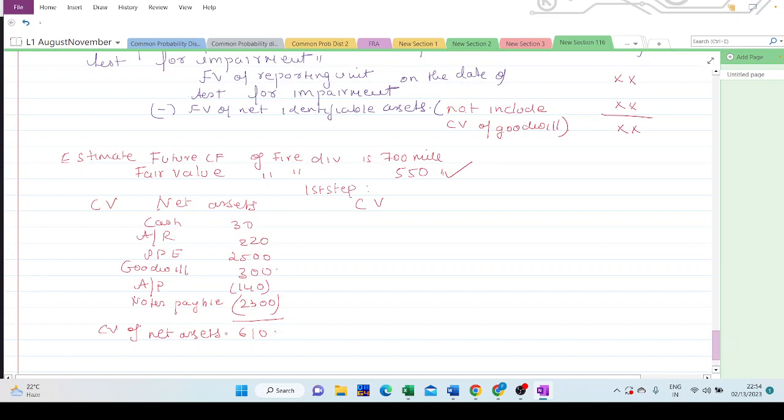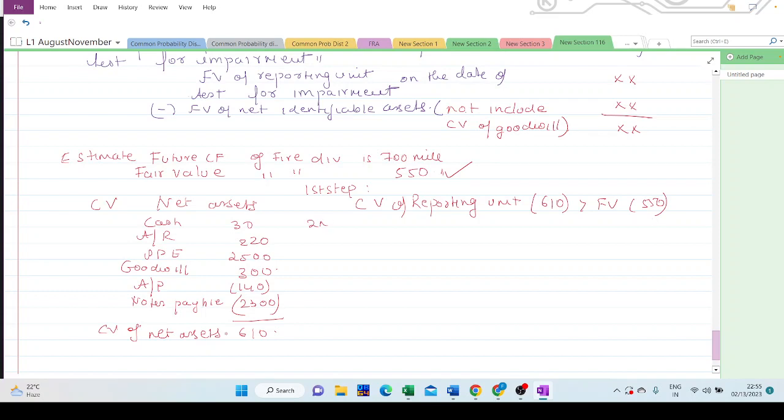So the first step is we compare the carrying value of the reporting unit including the goodwill. So carrying value of reporting unit including goodwill is 610, which is greater than the fair value of the reporting unit, which is 550. So goodwill impairment exists. There is a goodwill impairment.